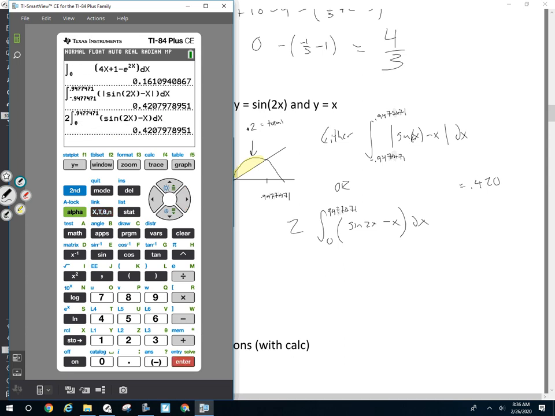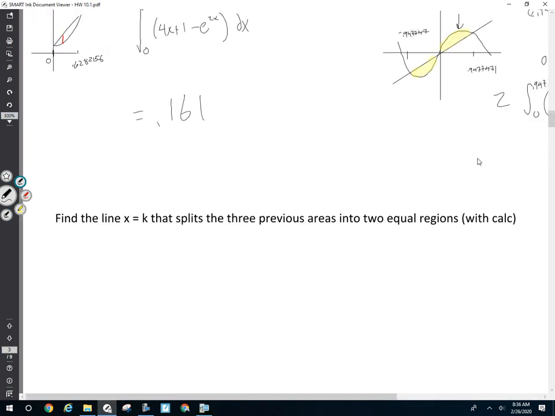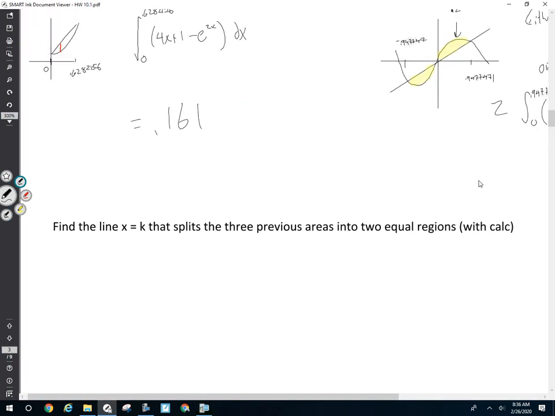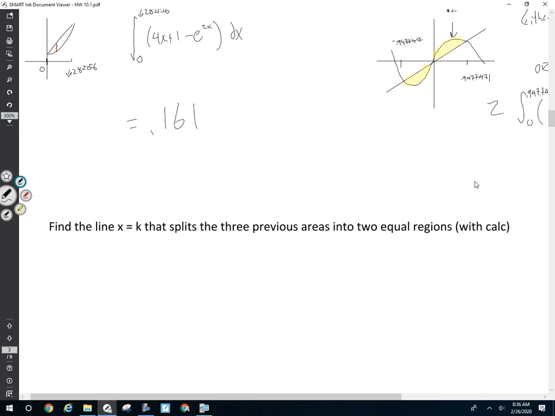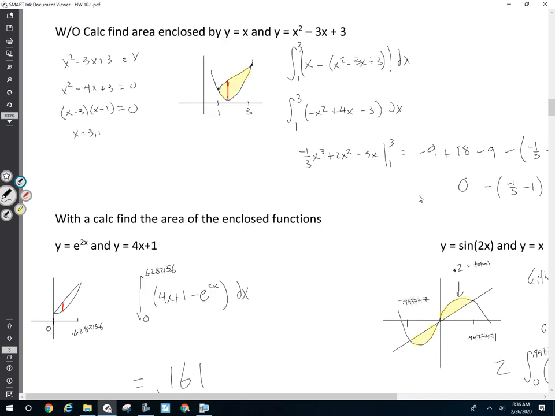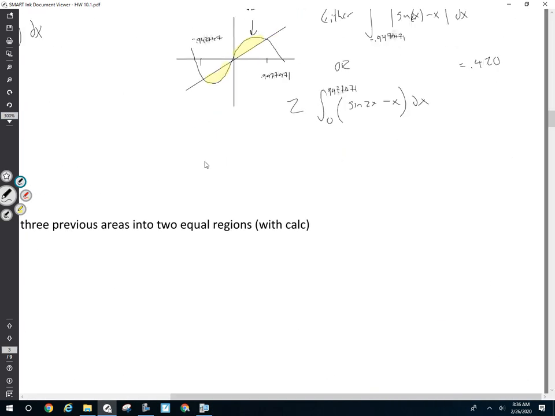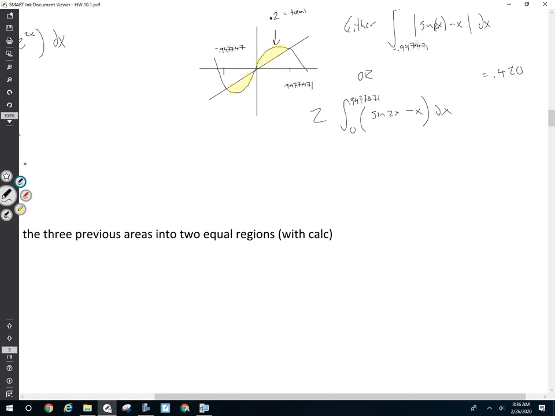Okay, so cool. Find the line x equals k that splits the 3 previous areas into 2 equal regions with the calculator. Well, this third one is easy. Third one I can see x equals 0. Okay, because the right side and the left side are equal areas.